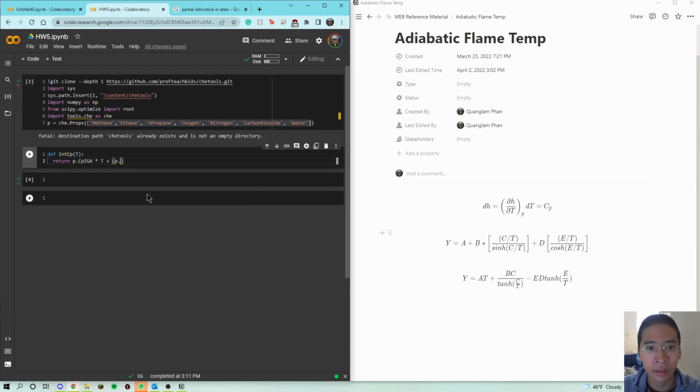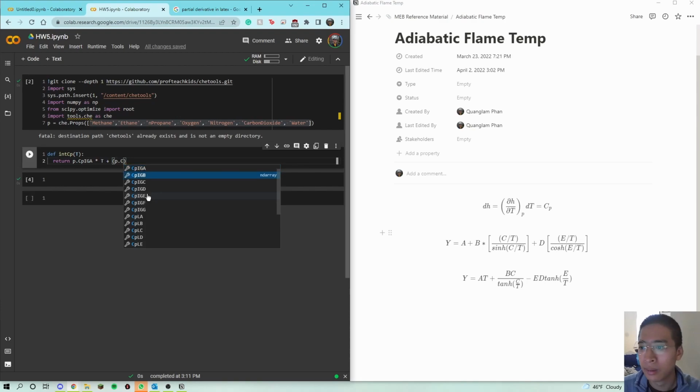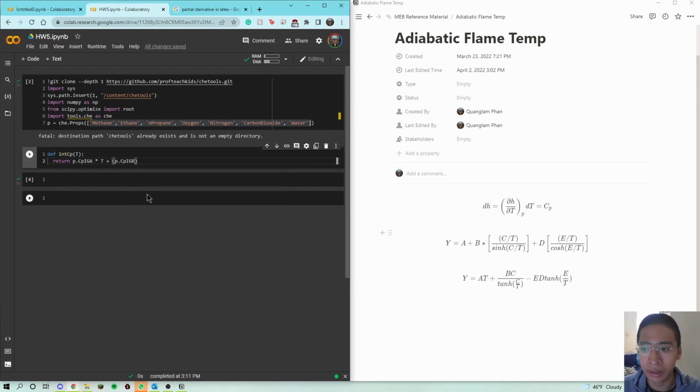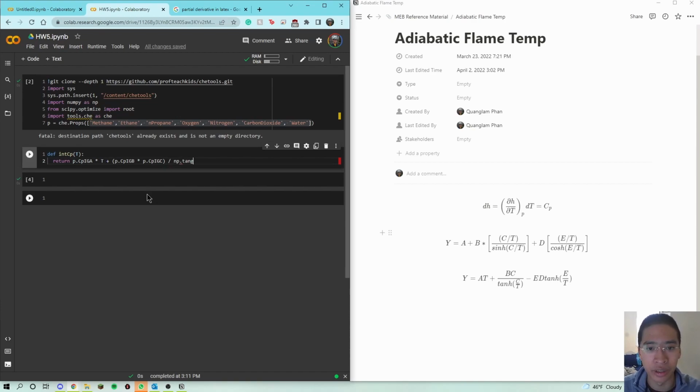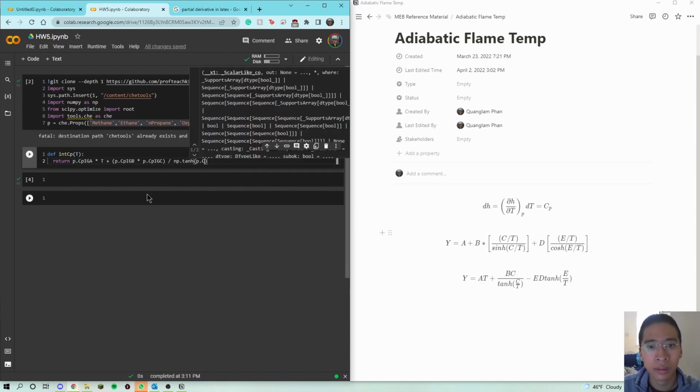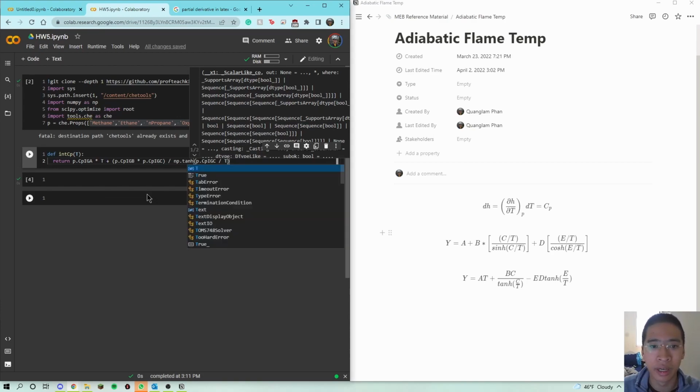P.Cp constant B times constant C, okay, all over hyperbolic tangent constant C over temperature.